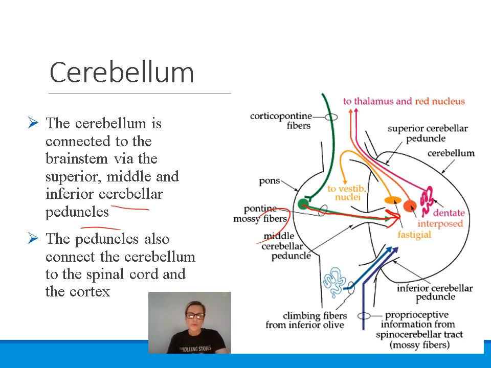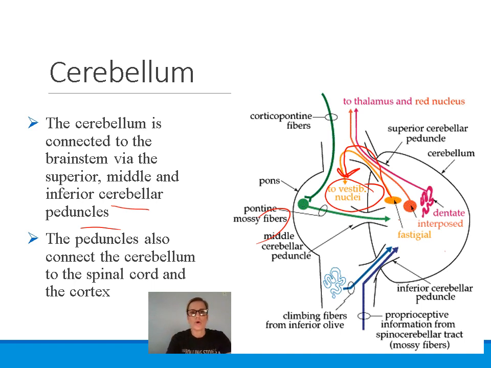There are also connections that go to the cerebrum, right? So you can see these arrows up here going up to the thalamus and to the red nucleus. You can see the fibers here going to the vestibular nuclei, right? So that would be how the cerebellum is involved in balance.